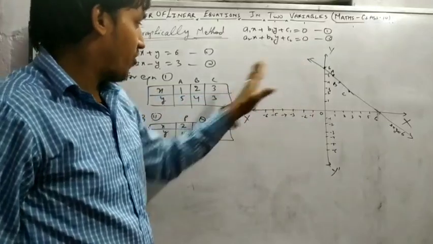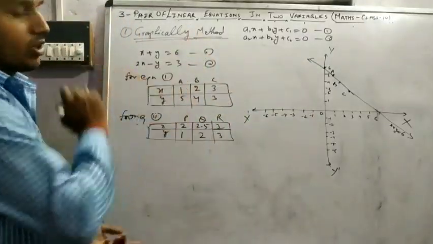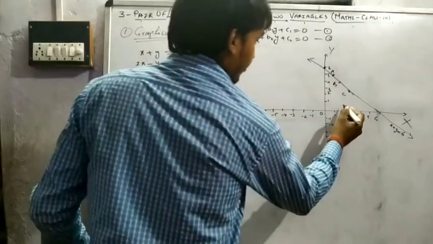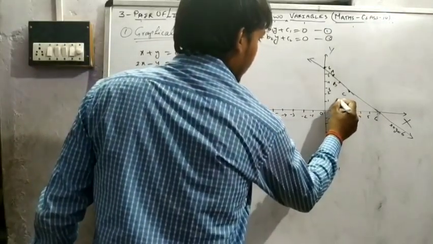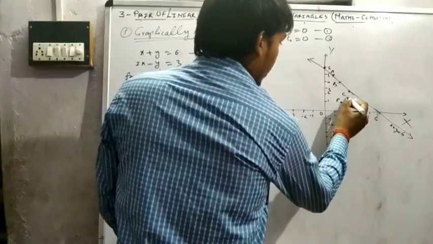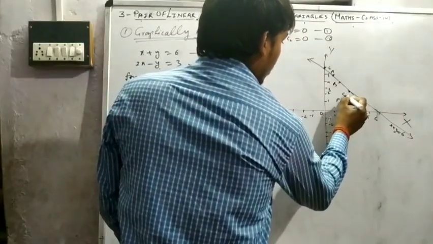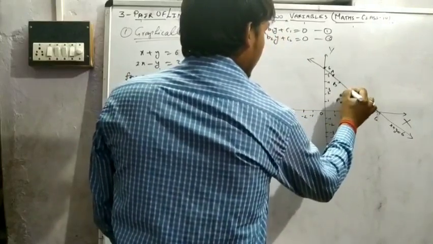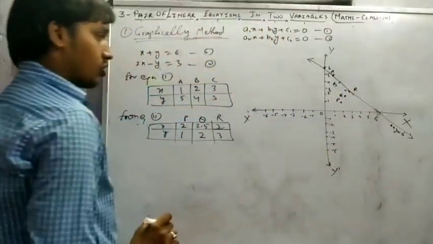So you have to draw the first equation, and also draw the second equation. 2, 1, P, 2.5, 2, 2.5, Q 3, C and R also.